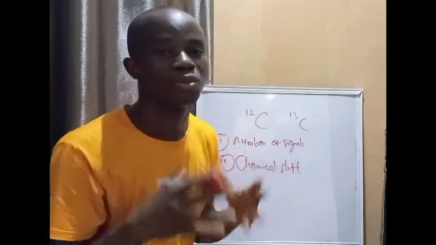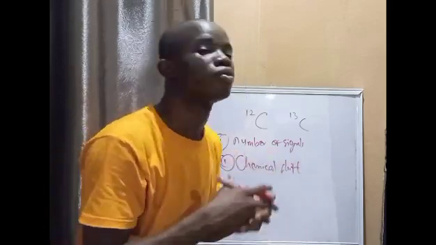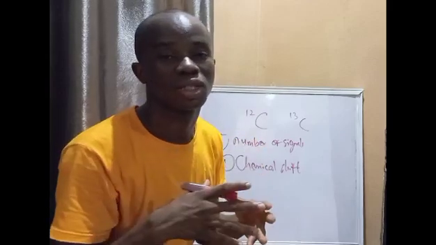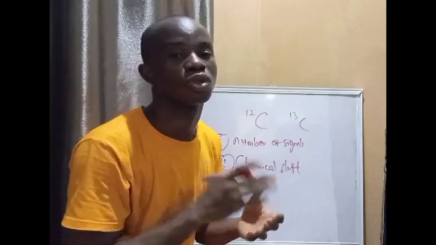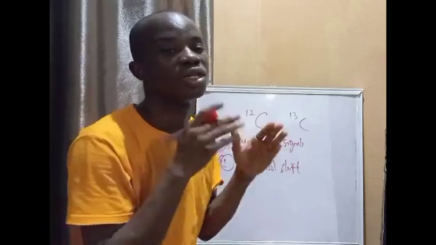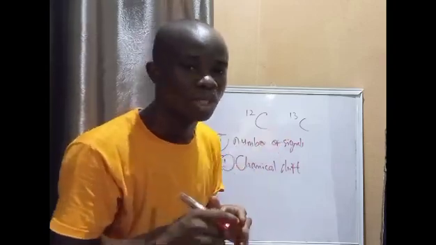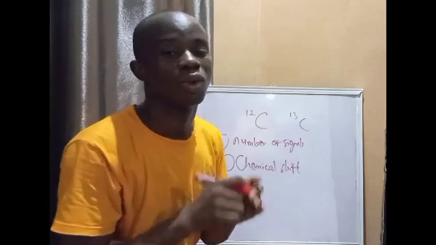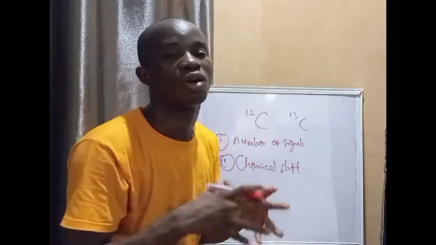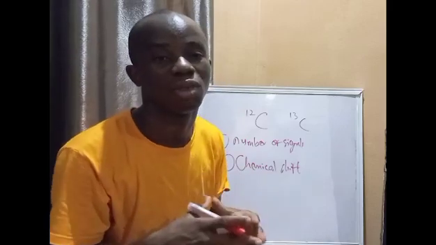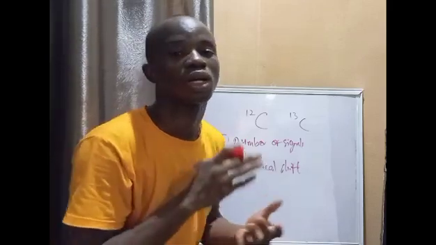So if you have a proton that is very close to a highly electronegative system, or an electron withdrawing group, such protons usually have a very high chemical shift, while those far away from a highly electronegative element tend to have low chemical shift.